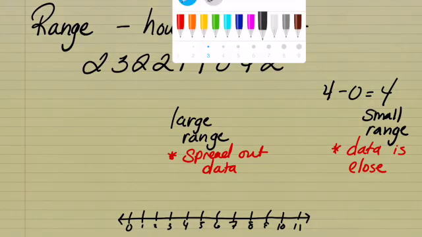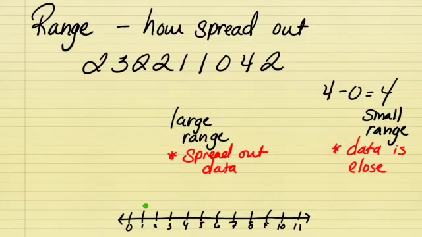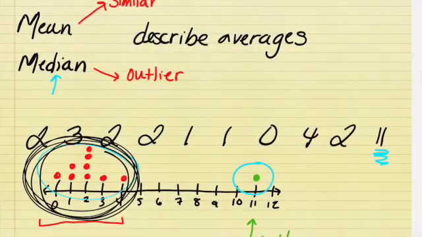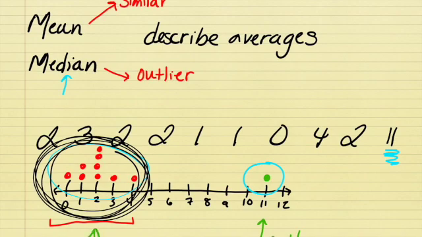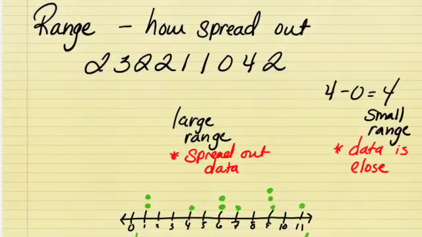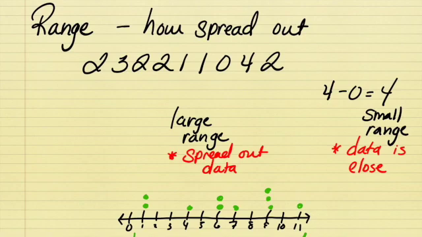But if I were to take this data, and some's here, some's here, some's here, and some of it's there, and maybe some of it's here, this data is much more spread out than that data was. So this would have a larger range.